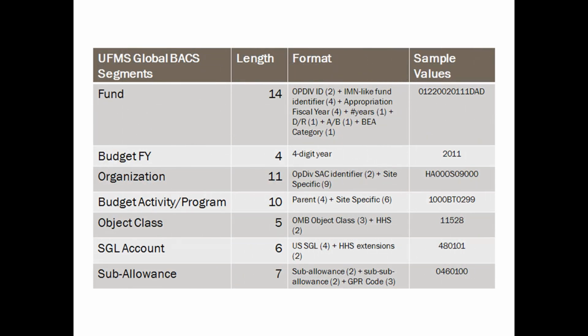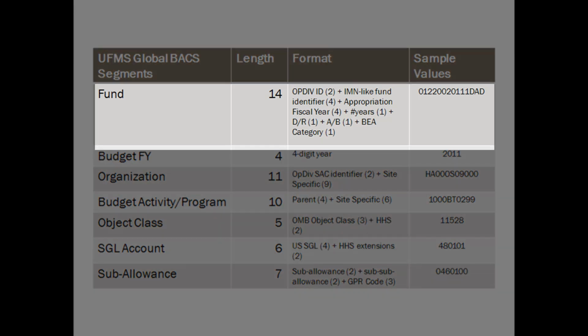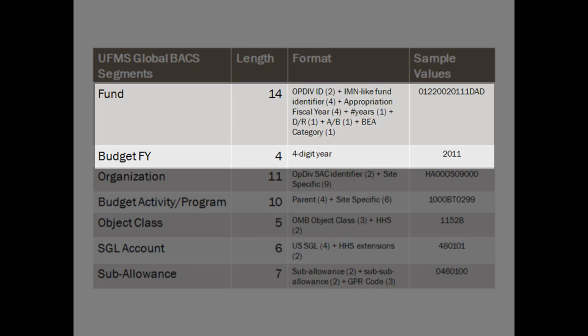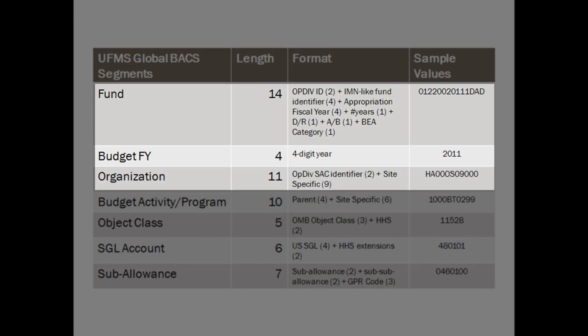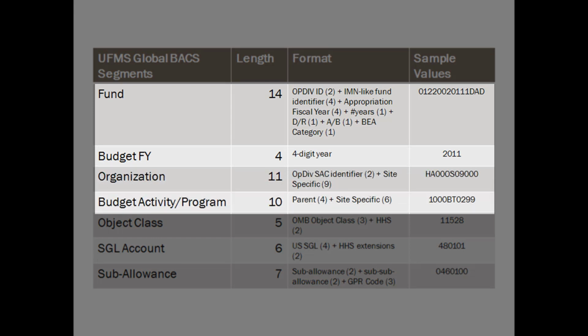This should look familiar. It's the Global Budget and Accounting Classification Structure, or BACS code, we saw in Module 2. Because one has already gone through the budget execution steps to distribute and control the funds, most of the accounting information has already been established: the fund, budget fiscal year, organization, budget activity or program.